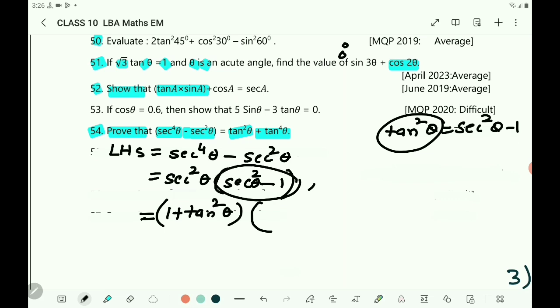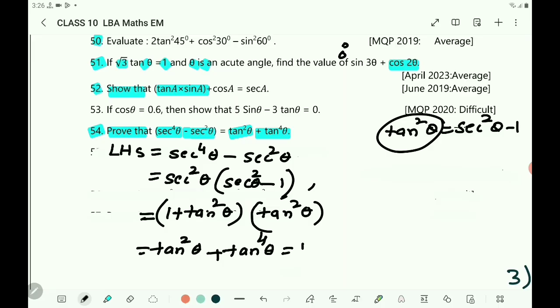Therefore, in the place of secant square theta minus 1, you write tan square theta. Then you multiply 1 by tan square theta. 1 into tan square theta is tan square theta. Then you write plus tan square theta into tan square theta is tan power 4 theta.